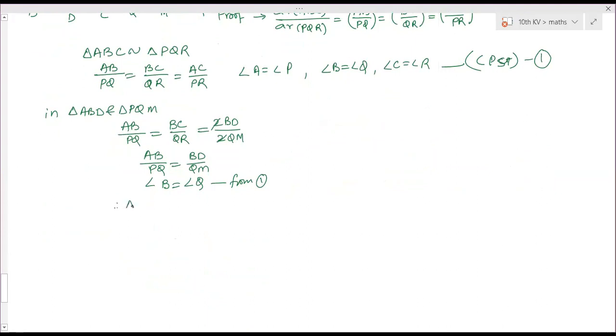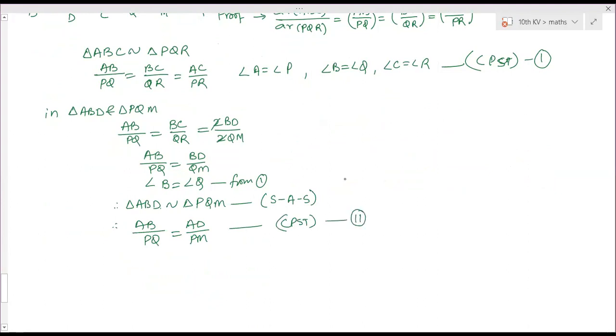So triangle ABD is similar to triangle PQM by SAS similarity, and therefore AB by PQ is equal to the third side, that is AD by PM, by CPST. Make this equation 2.